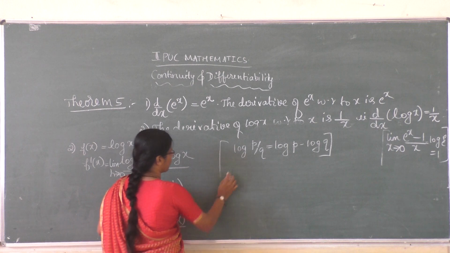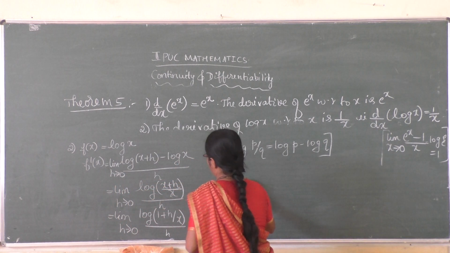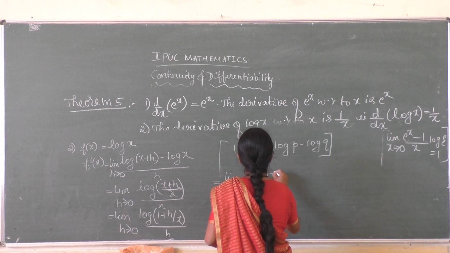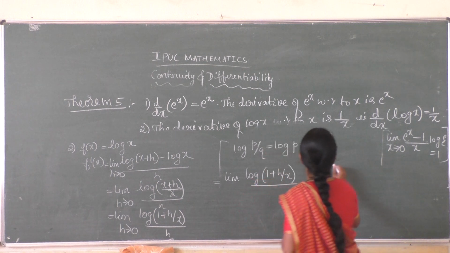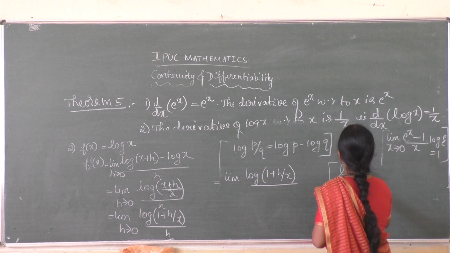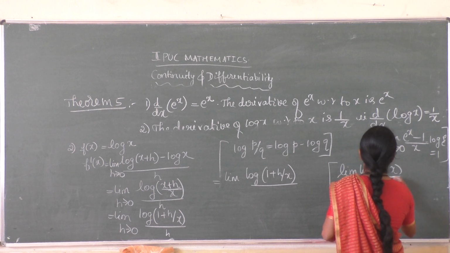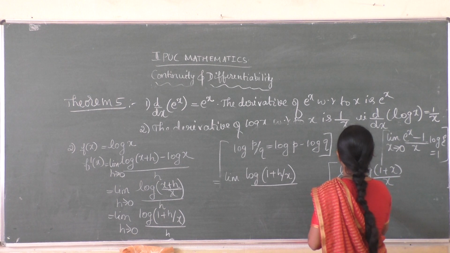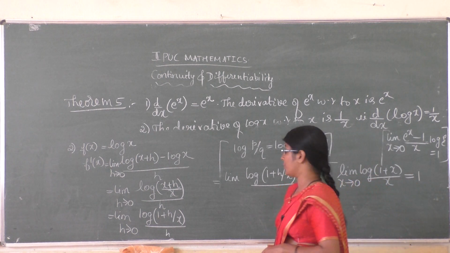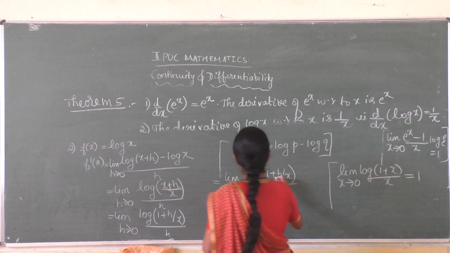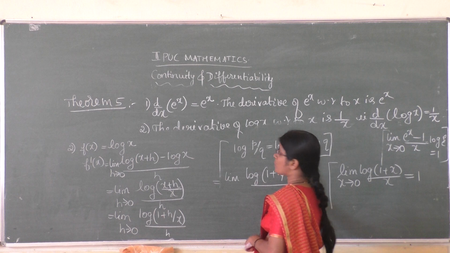So this is equal to limit of log (1 plus h by x) divided by h. Here, the standard limit of log (1 plus x) divided by x as x tends to 0 is equal to 1. So here we have 1 plus h by x, in the place of x here, h by x.